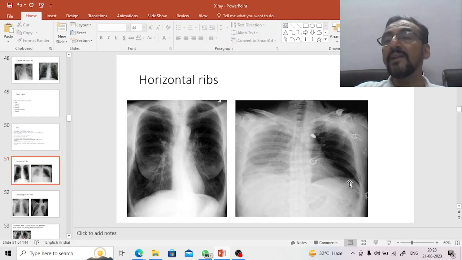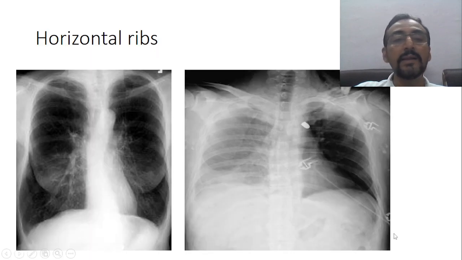If you look at the second X-ray, it's very clear: the ribs are more horizontal rather than oblique. Even in the first X-ray, compared to the normal one, they are more horizontally placed, so they are not much oblique.